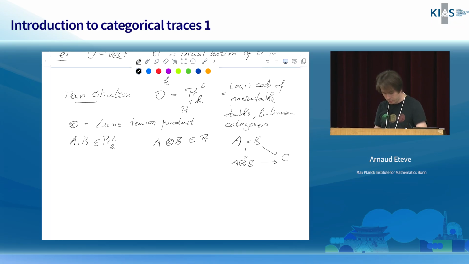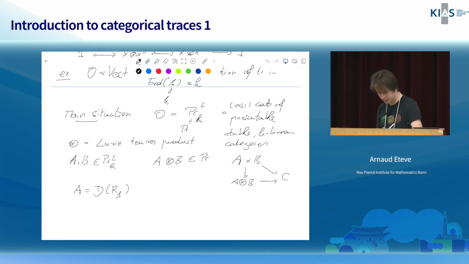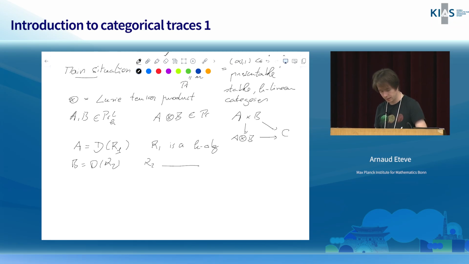And so the main example of such tensor products: if you take A to be D of R1, where R1 is a K algebra, and the same B is D of R2, then the tensor product A tensor B is the category of modules over the tensor product.